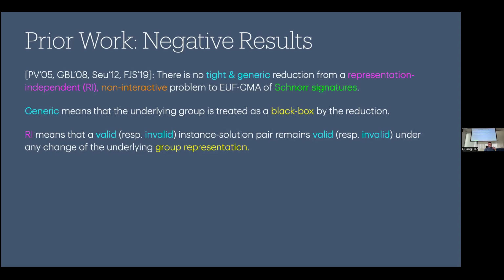Sorry, I didn't understand that. Can you say that again? An assumption is called representation independent if solutions are invariant under change of the underlying group representation. Oh, okay. So if I change the group representation, a solution will remain a solution and a non-solution will remain a non-solution. Yeah.